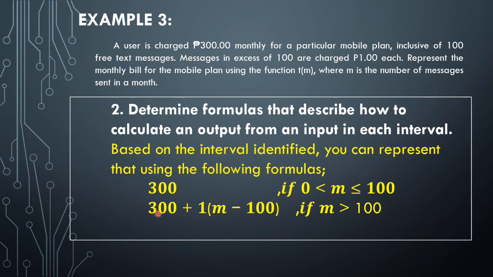The next one is 300 plus 1 times the quantity of m minus 100 if m is greater than 100.